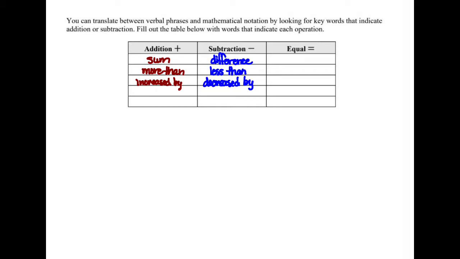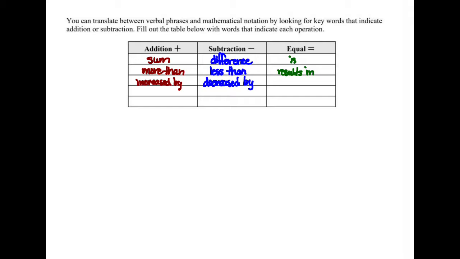Okay, now what is equal? What are some different words that we've used? You saw me use the word is. Results in, that's kind of something. Like 3 plus 7 results in 10, it's kind of a strange way of saying it, but it's a possibility, right?